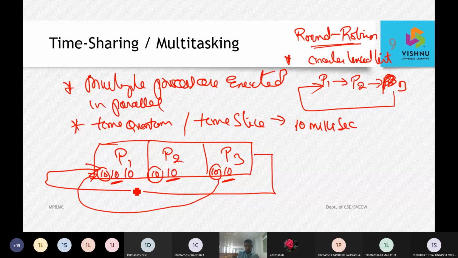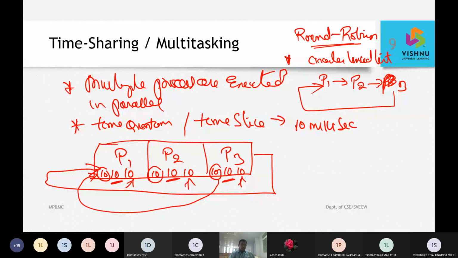Again, next 10 milliseconds P1, next 10 milliseconds P2, next 10 milliseconds P3. In this way, it is going to execute multiple jobs in parallel.